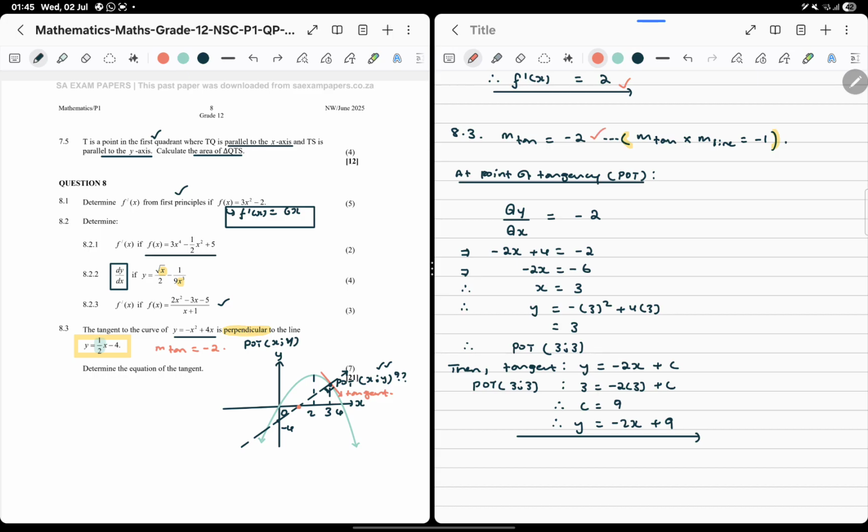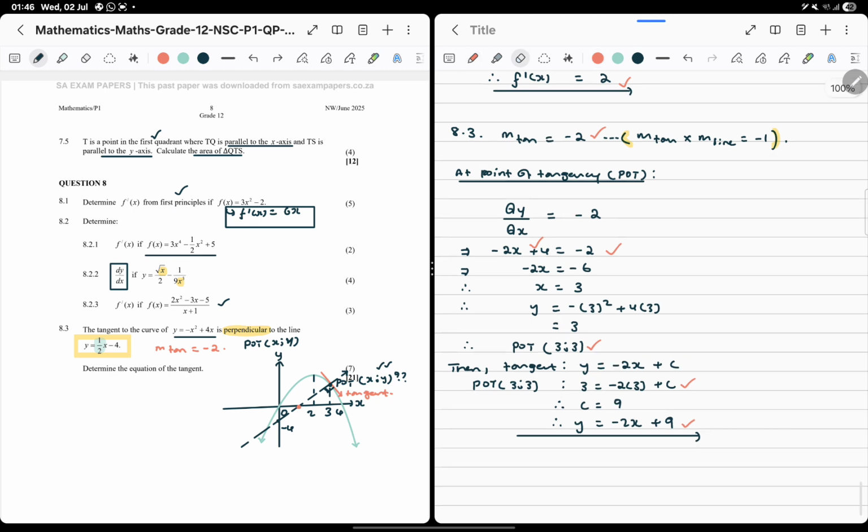So we get a mark for this and its justification. Doing the actual differentiation and equating it to -2, that's a mark. Finding the port, however we did, that's a mark. So 1, 2, 3, 4. Then this and that. So let's see, 1, 2, 3, 4, 5, 6. Where is the 7?